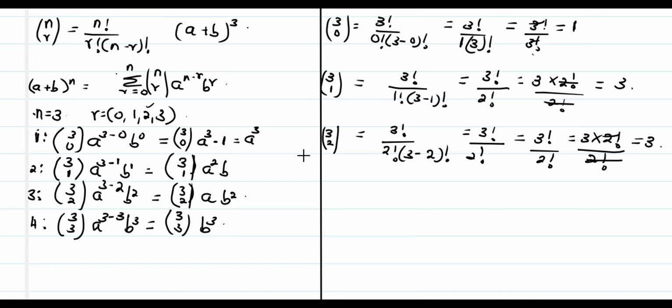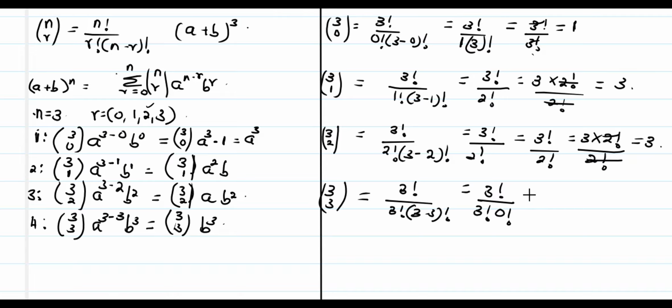Then again, this was first, second, third. So we got the form which is now 3C3. This one now becomes 3 factorial over 3 factorial into 3 minus 3 factorial, which now becomes 3 factorial over 3 factorial, 0 factorial, because 3 minus 3 is 0.